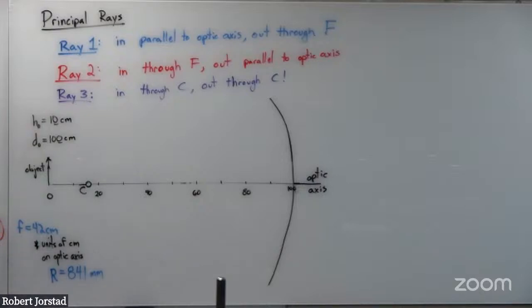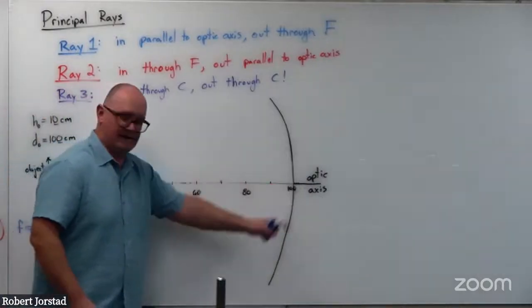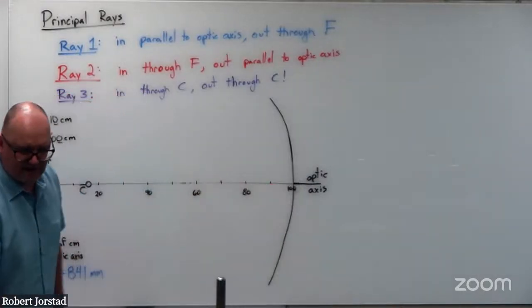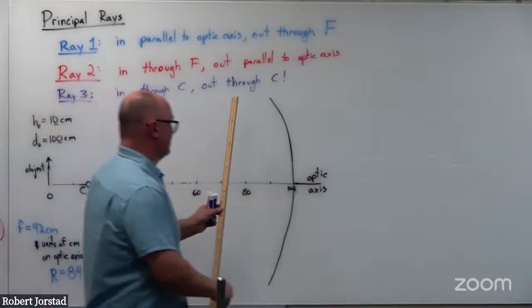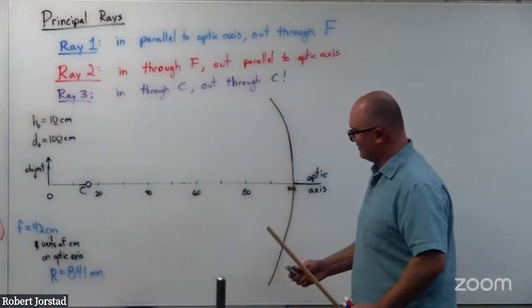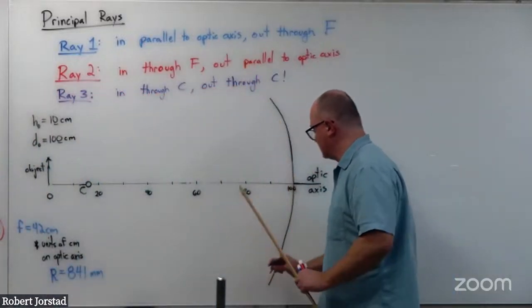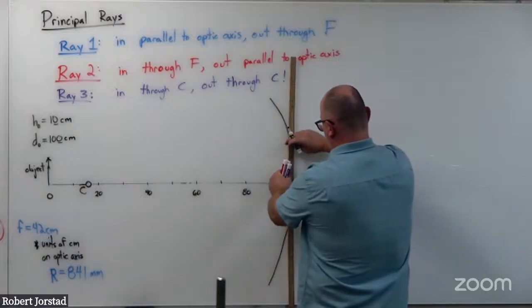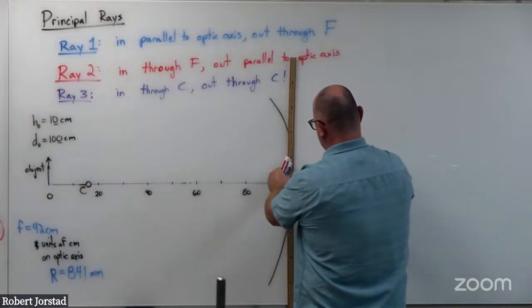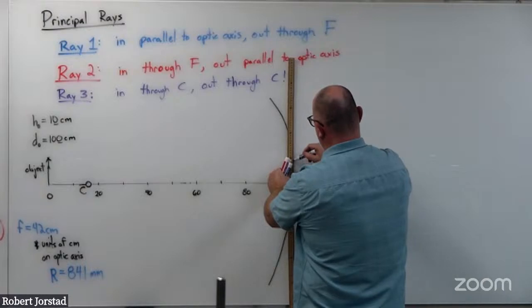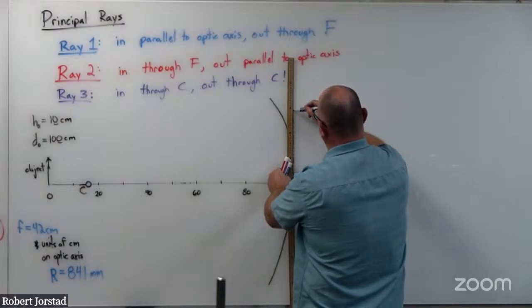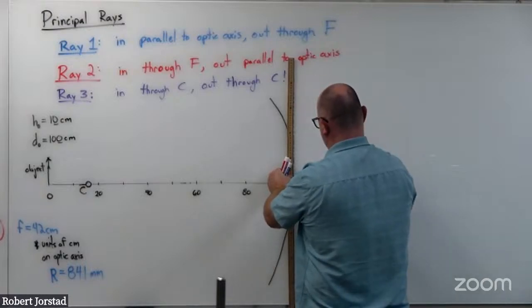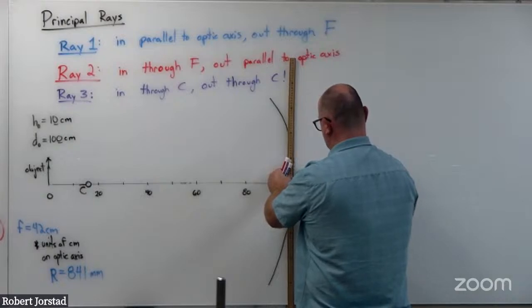Now, notice in this case, I have my mirror over here. A cool trick when you're doing ray diagrams: the curvature of the mirror introduces all kinds of complications, especially when you're drawing ray diagrams. So what I like to do is pretend the mirror is entirely located here. So I'm drawing a fake mirror.